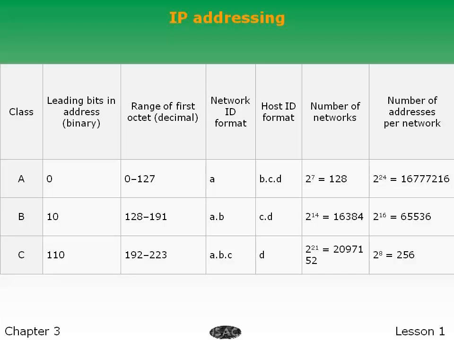IANA's primary address pool was exhausted on 3rd February 2011, when the last 5 blocks were allocated to the 5 RIRs.